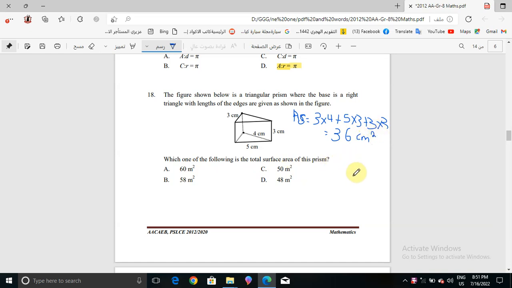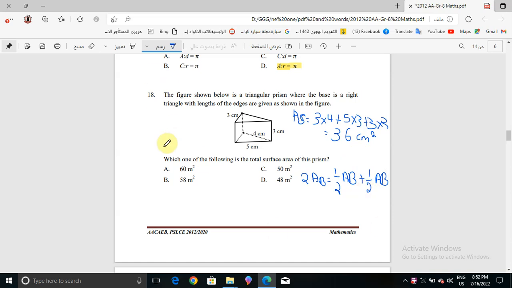Okay, now what we will do here, 2AB to find the base area, 2AB, which is equal to what? 1 over 2 AB plus 1 over 2 AB.